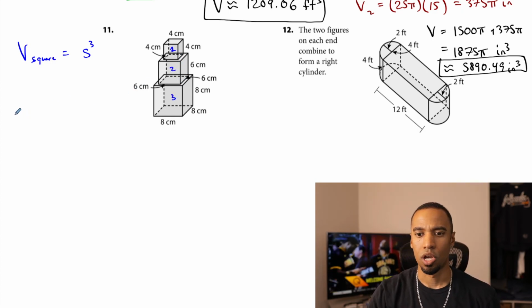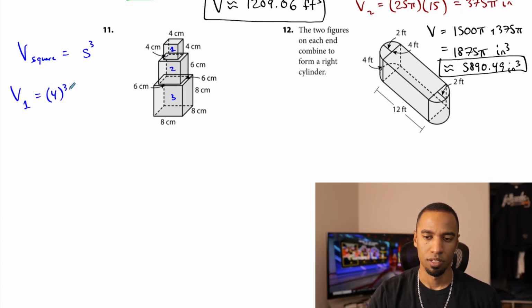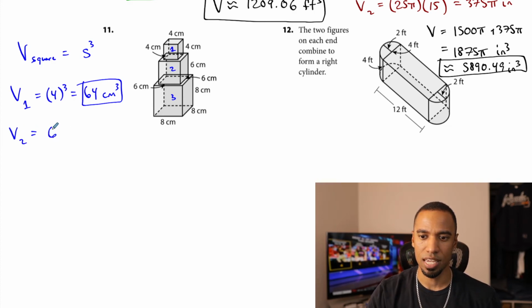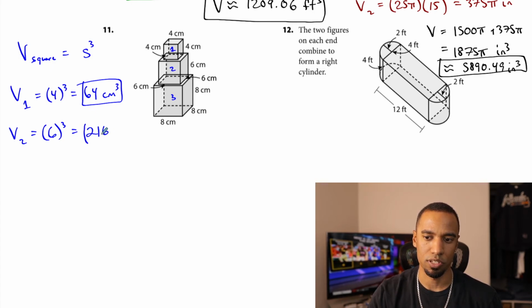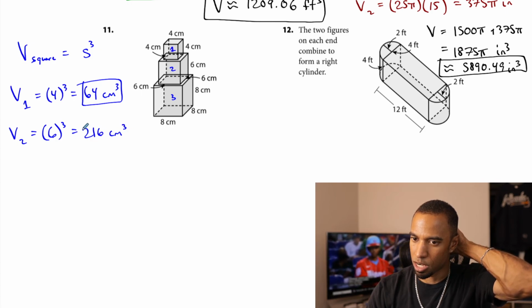So the volume of cube 1 is going to be 4 cubed, which is 64 cubic centimeters. The volume of cube 2 is going to be 6 cubed, which if you heard me before, I said 216, which it is, 216 cubic centimeters.